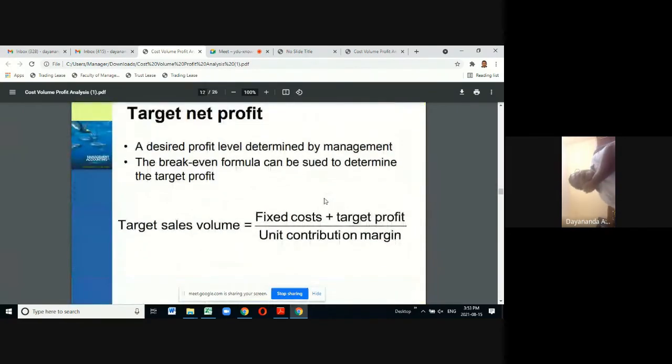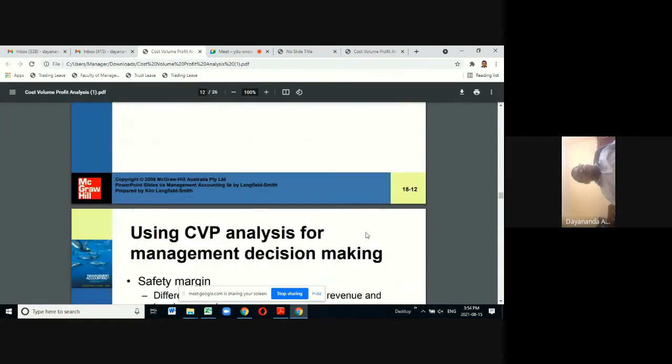Okay, we'll come to the target profit. Now suppose you want to plan a particular sales level to achieve a particular profit. In that case, you just add the expected profit to the fixed cost and divide by contribution margin. You get the answer.